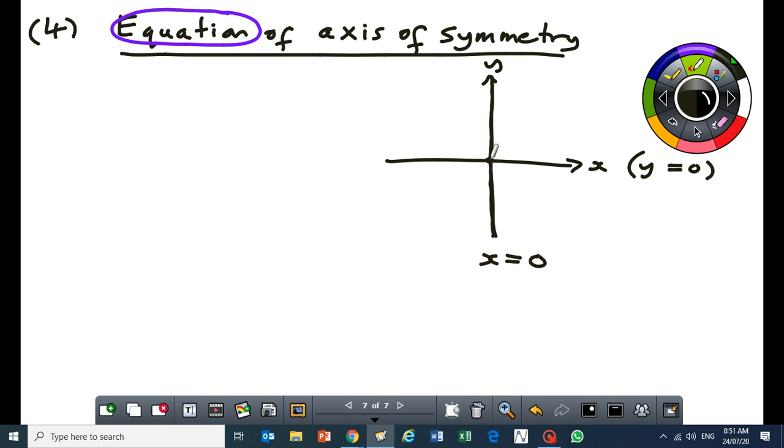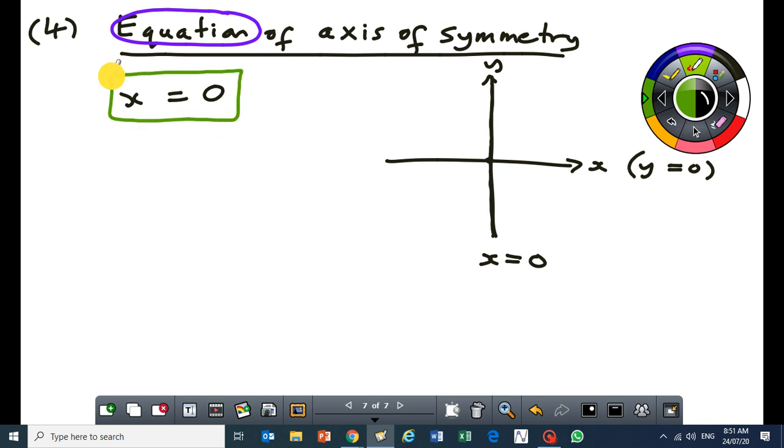And remember, if a straight line is vertical, its equation is x equal to. If it's horizontal, it's y equal to. So the equation of the axis of symmetry will be x equal to 0. That's your equation. Please, the y-axis is not the equation. The equation is x equal to 0.